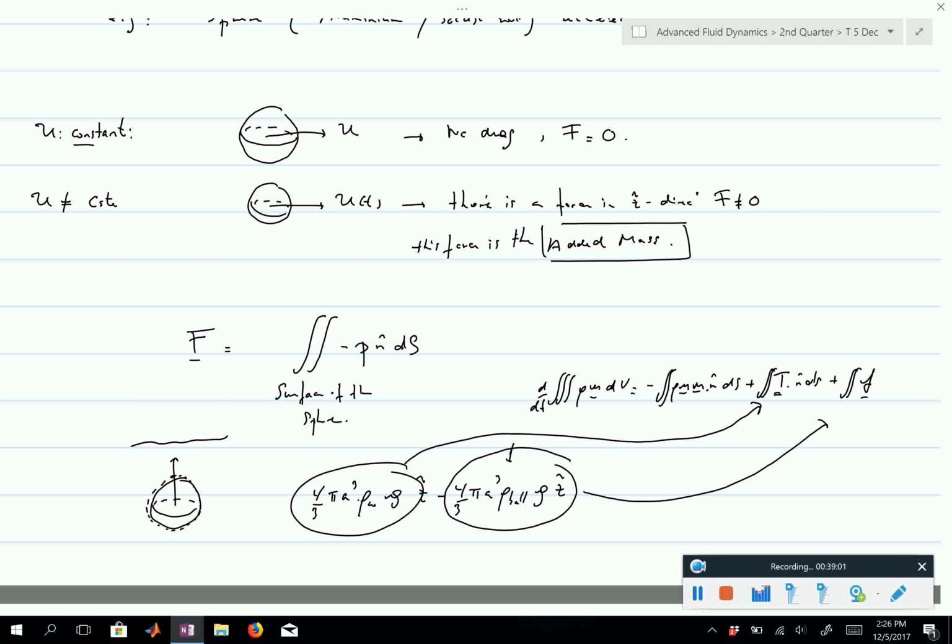If you just had water, then this would be just minus P n dS, and if everything is hydrostatic, remember that you have minus dP/dz equals minus rho g, and you get a hydrostatic pressure.